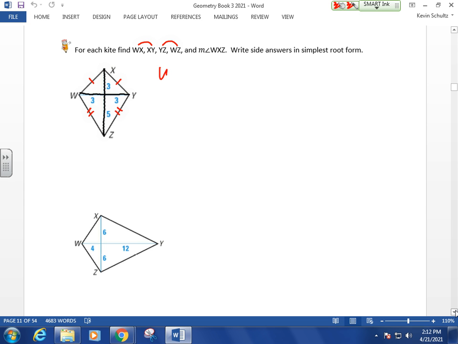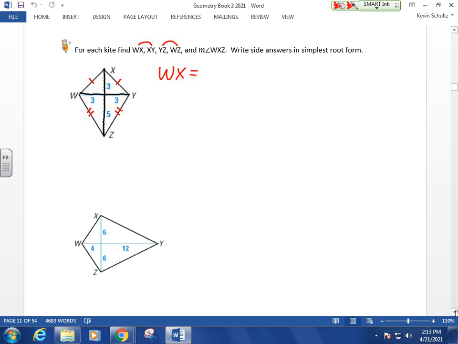So let's start with WX. Tell me what you know about this figure that would allow us to solve for WX. Side WX. Sebastian. It's a 45, 45, and 90 triangle. So that means the 2 sides are like 3. The hypotenuse is going to be 3 square root of 2.